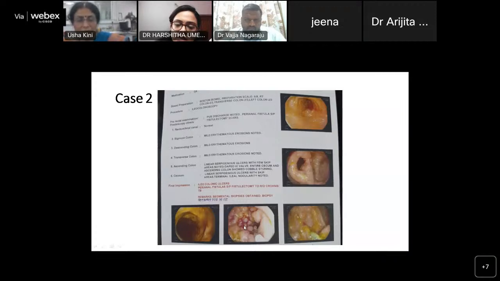Look at the cobblestoning and the nodularity, and you have deep clefts in between. Look at the corrugated surface on the top. They said ileocolic or colonic ulcers present, rule out Crohn's. And as they did it, they took biopsies.